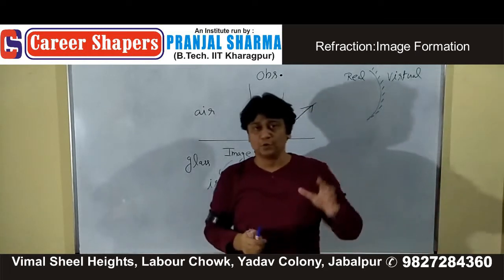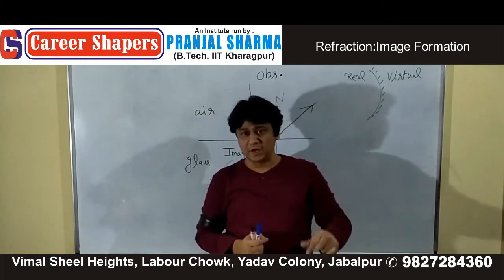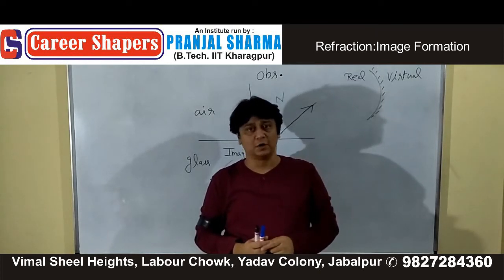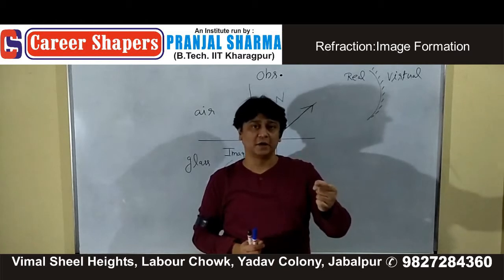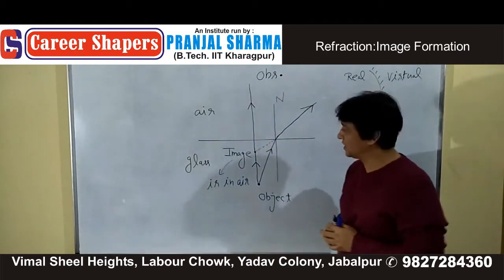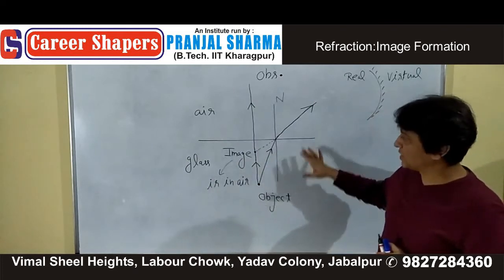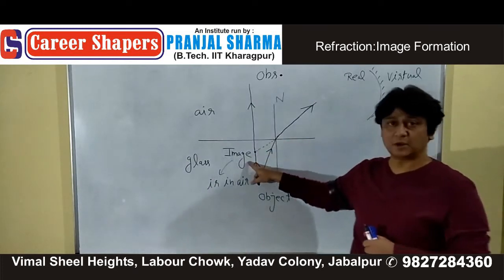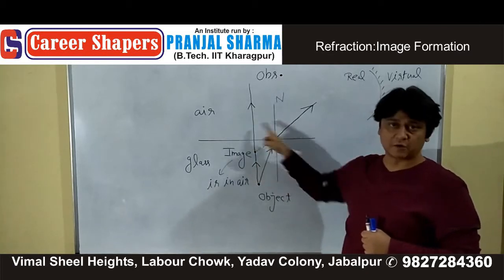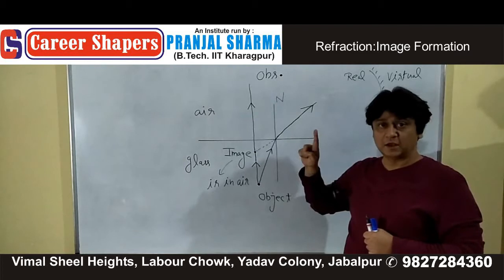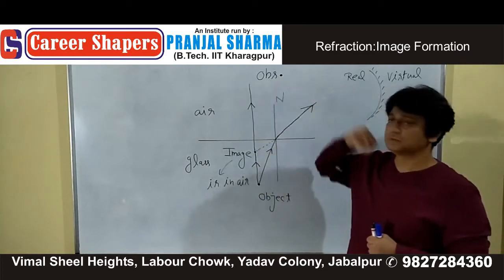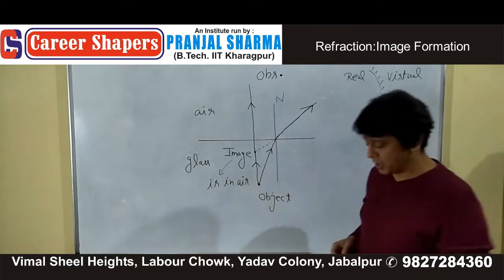Which means when you put that coin in the bucket and when you look at it, you do not see that coin in water, you see that coin in air, the medium in which your eyes are present. So what we say is that image formation takes place with the help of refracted rays, and image forms in the medium of observer. Write down this point.